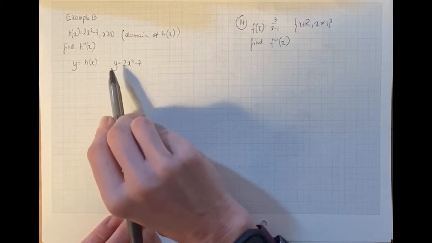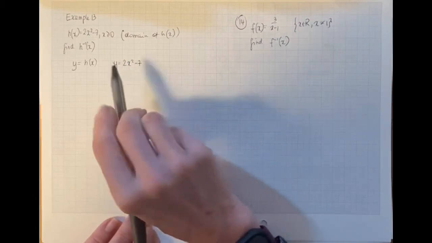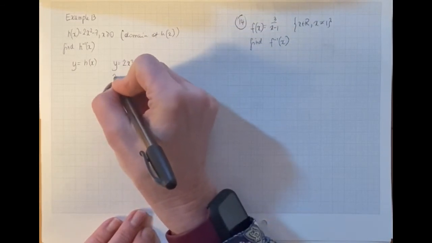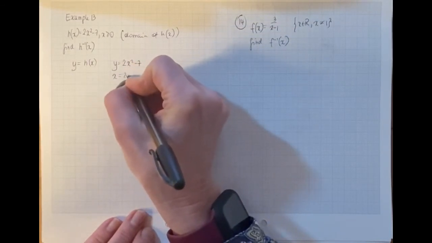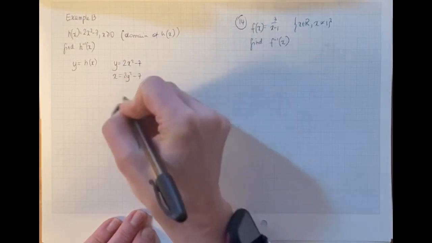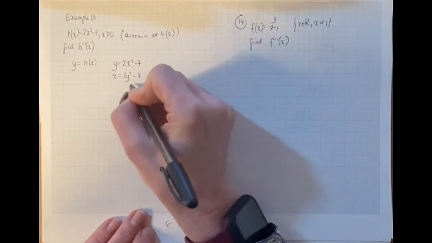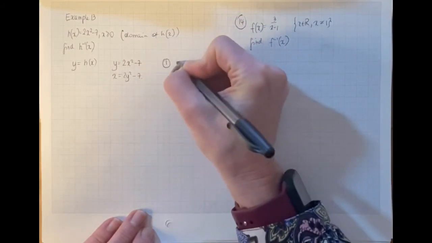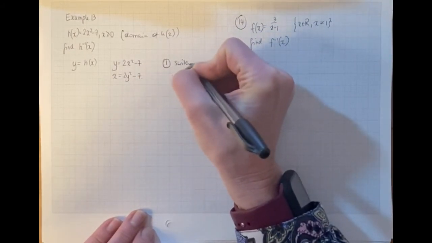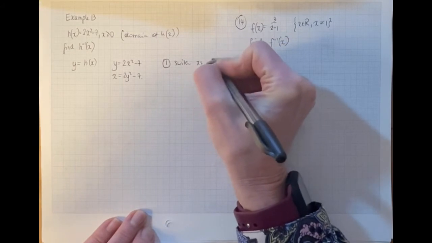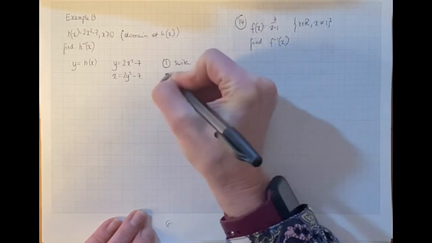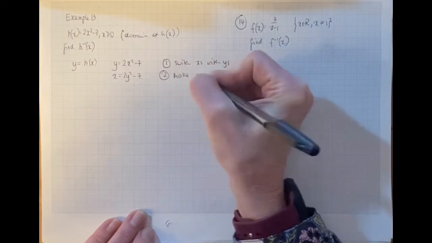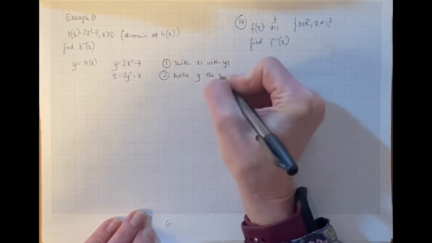So if we switch the x's with y, as we saw in the previous slide, that's what happens when you find the inverse function, then all you need to think of it is make your new y the subject. Okay, so the first thing you do is to switch x's with y's, and the second thing, make y the subject.